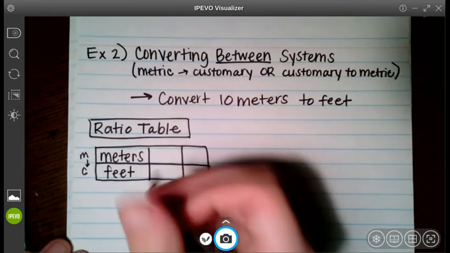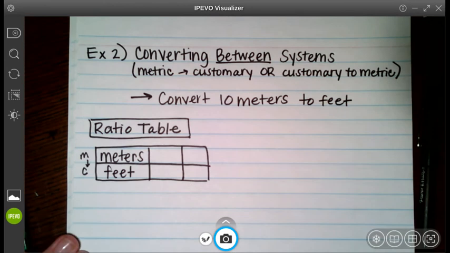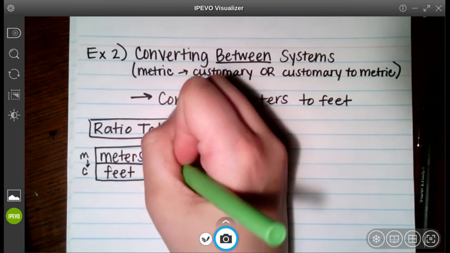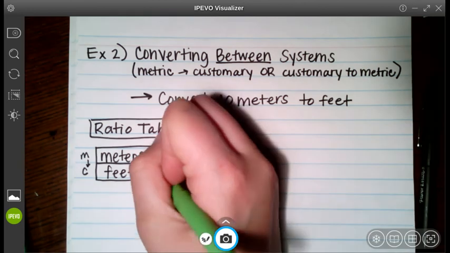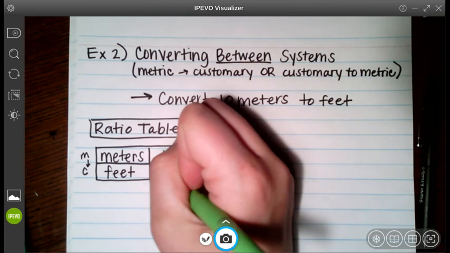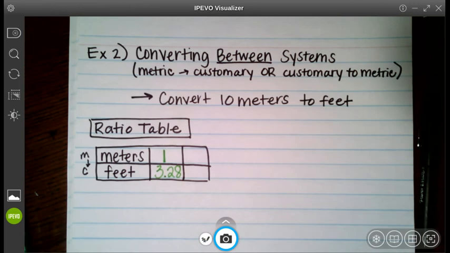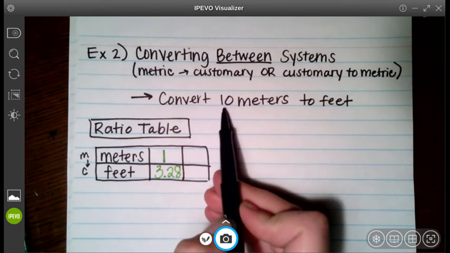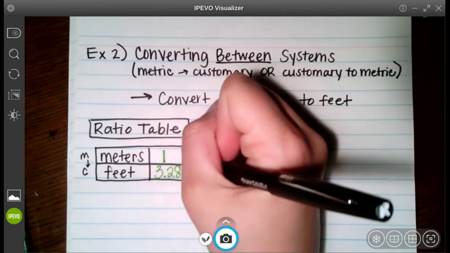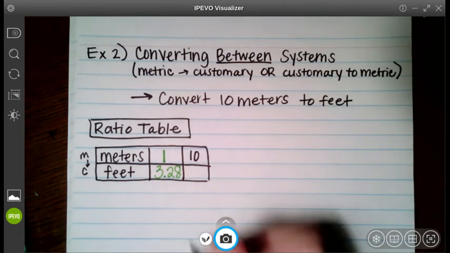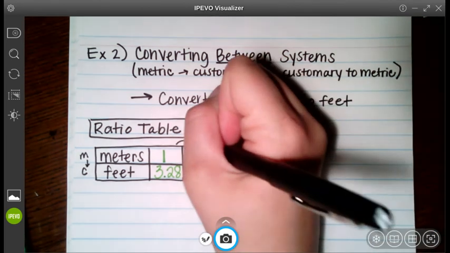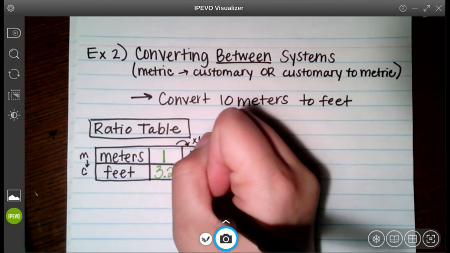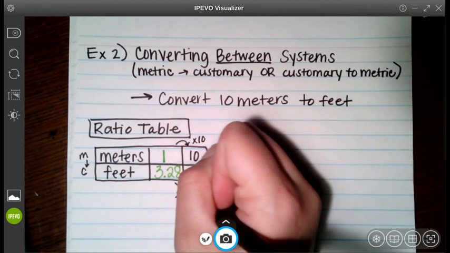So I have 1 meter, and this is my conversion factor, right? 1 meter is approximately 3 and 28 hundredths feet. Okay, well, I have 10 meters. What will that be in feet? I'll let my ratio table do the work. 1 times 10 is 10, and 3 and 28 hundredths times 10.